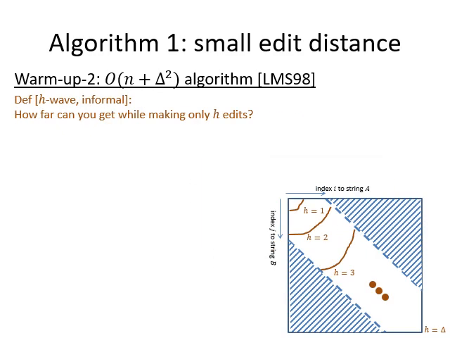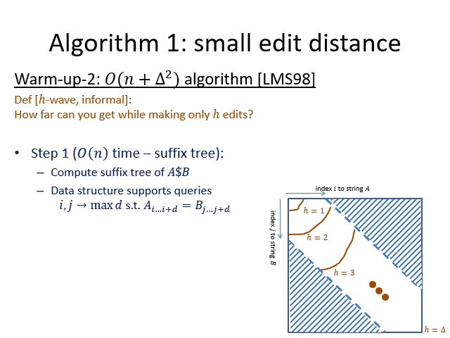Here's how you use the h-wave for an actual algorithm. Step 1, construct a suffix tree. It's a data structure that takes both strings A and B, and supports queries given index I to string A and index J to string B. It finds the maximal D such that the substring A[I] through A[I plus D] is exactly equal to B[J] through B[J plus D].